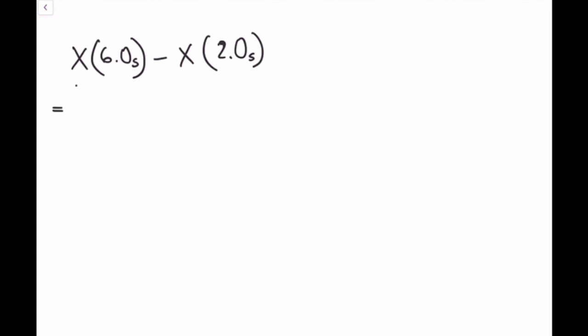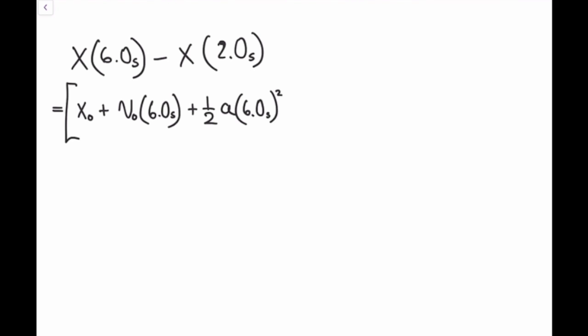So the first equation is initial distance plus initial velocity times 6.0 seconds, because that's the time, plus 1/2 the acceleration. We know the acceleration, but we want to simplify the equation as much as we can, so we leave it out until the last, times 6.0 seconds, and that's time squared.